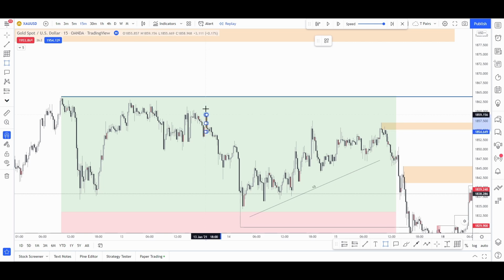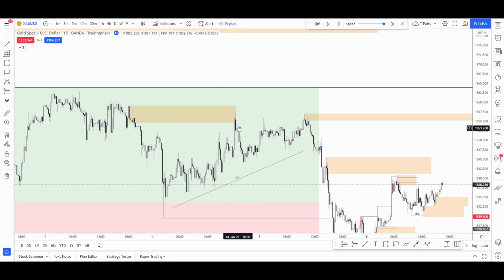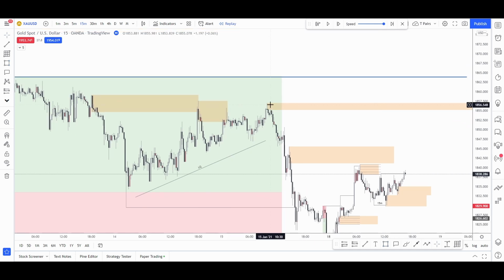This has been mitigated by that. This upward candle or downward candle, this has been mitigated by that. And then this one over here has basically taken out all liquidity from that.